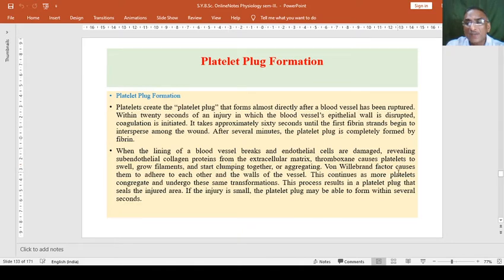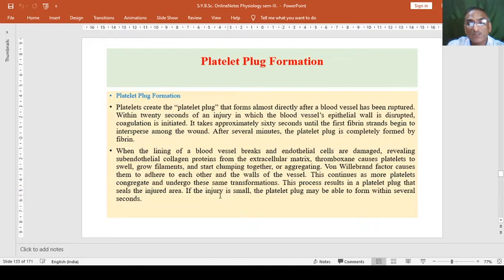Von Willebrand factor causes them to adhere to each other and the walls of the vessel. This continues as more platelets congregate and undergo these same transformations. This process results in a platelet plug that seals the injured area.